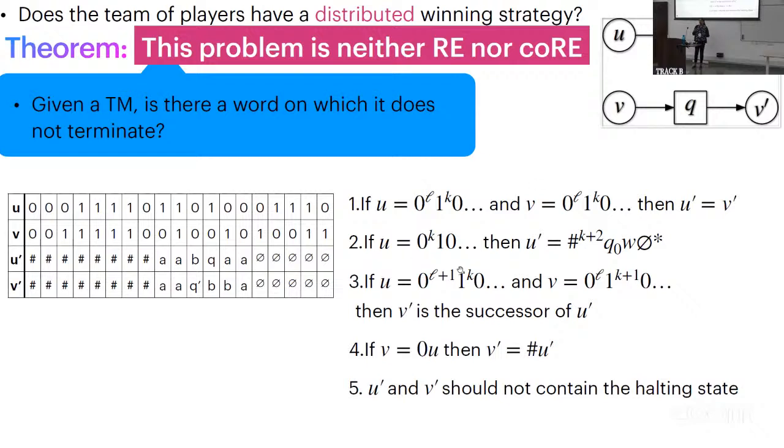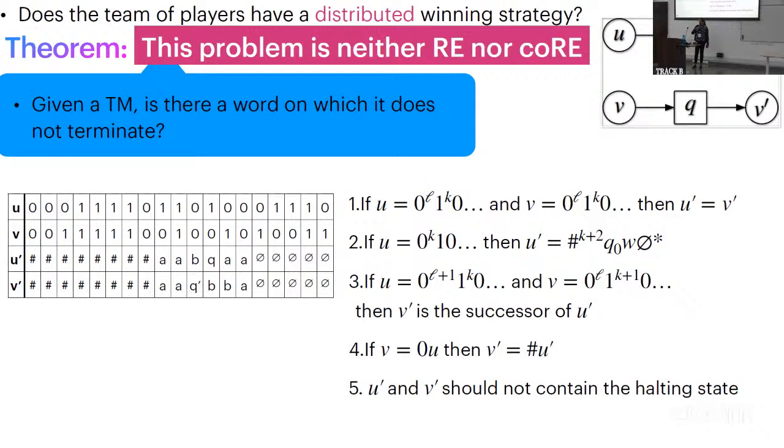And then the next thing is, now we know that if one guy is given just this one and the other guy is given the same padding, K plus 1, like that guy is getting 0 power K1 and I am getting 0 power K2, 2 ones. Now I have to give the second configuration, because it is required here that V prime is a successor of V. So if that guy is getting 2 ones, he will be outputting the second configuration.